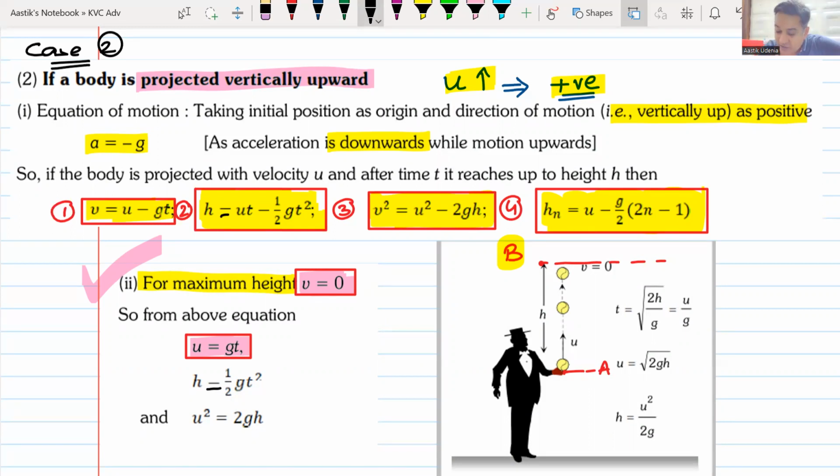Now, one surprising equation you might see: h is written as half gt square. Huh? Half gt square? How did I get h as half gt square? If I use the equation delta r = ut + half at square, here initial velocity is not zero.